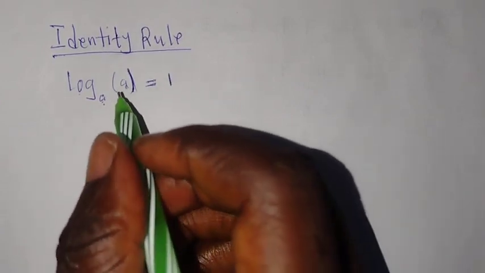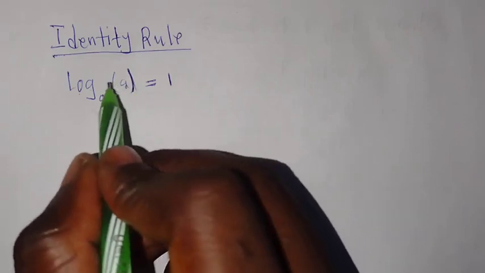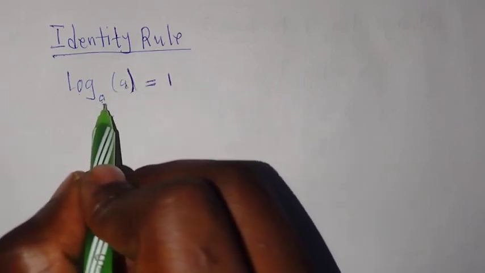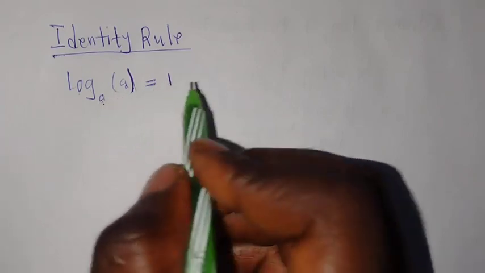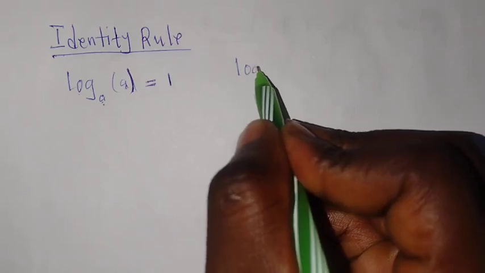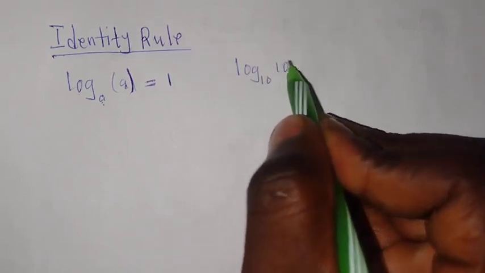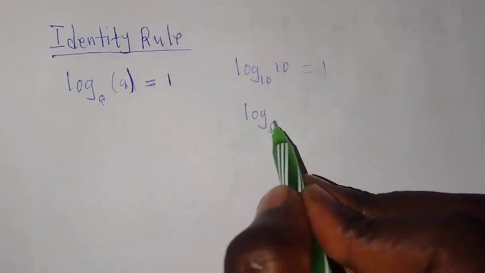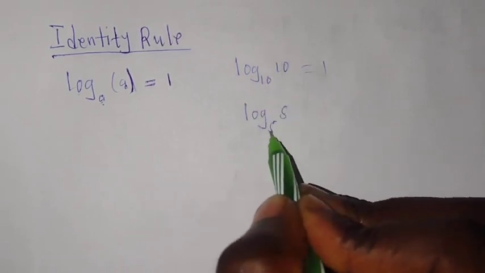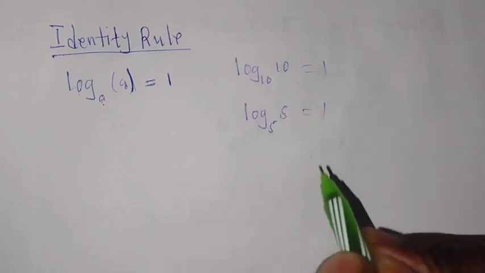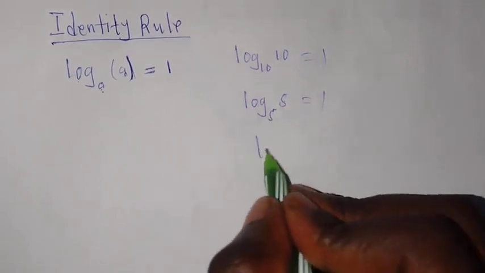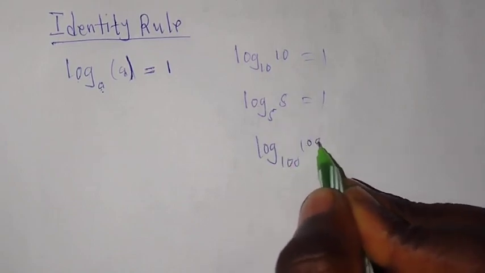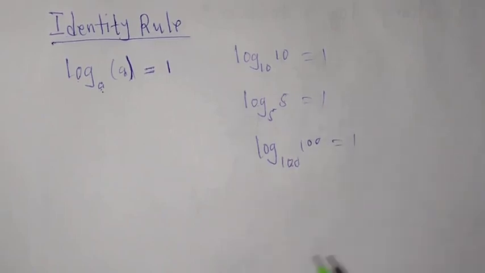So the logarithm of a number to its own base is always a 1. So if you have log of 10, again here there is 10, it's a 1. If you have log of 5, again here there is 5, log 5 in base 5, it's always 1. If you have log of 100 in base 100, it's always a 1.